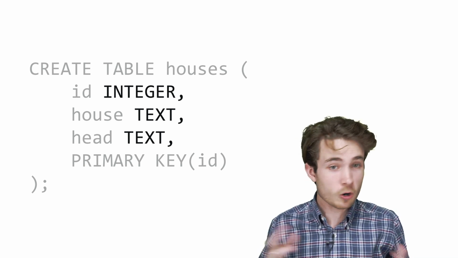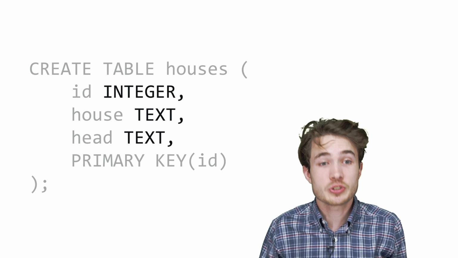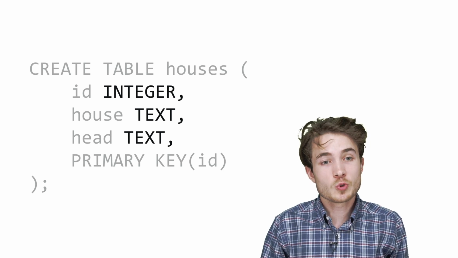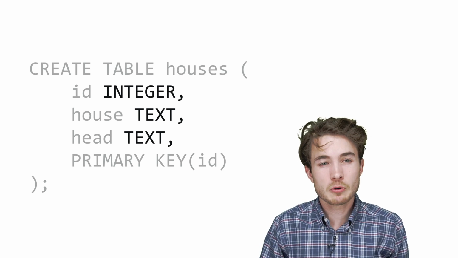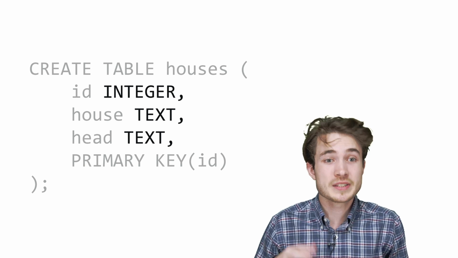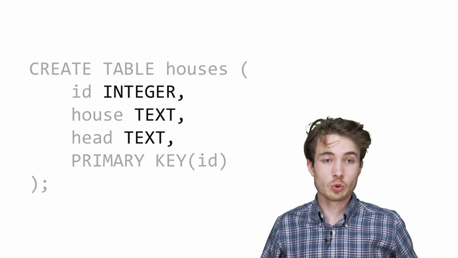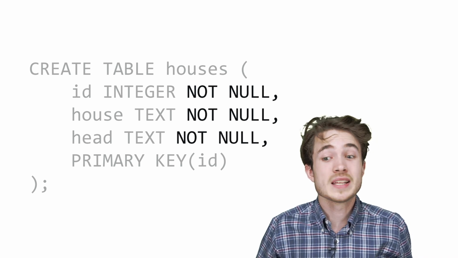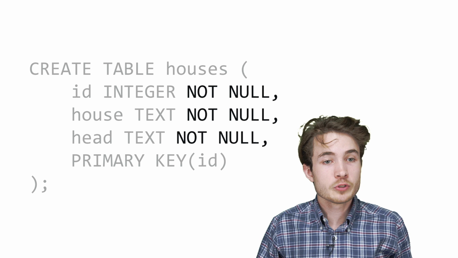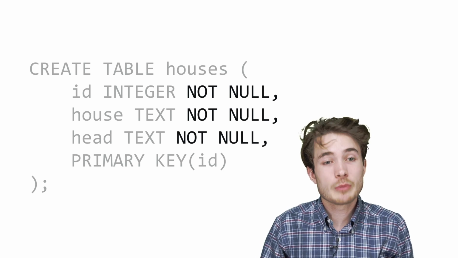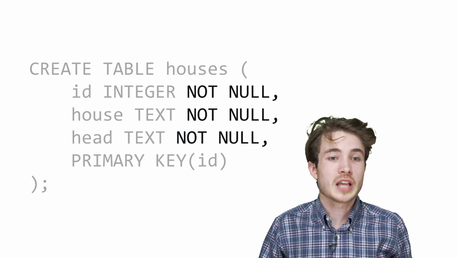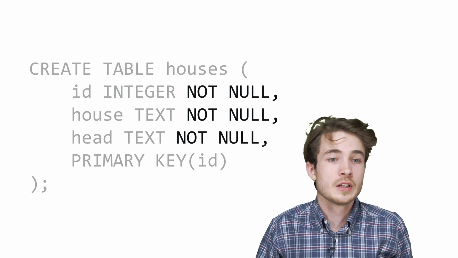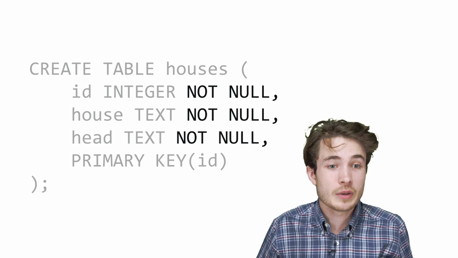And we could even get more fancy with this and apply some constraints, which means we could make sure that as we insert data to this table, we adhere to some rules that we set beforehand. And maybe one of these rules is that each of these columns should never be null. Null meaning empty, meaning that every time we add a new row, no column can be blank, right? We can't have a house without a name, and we can't have a house without a head.